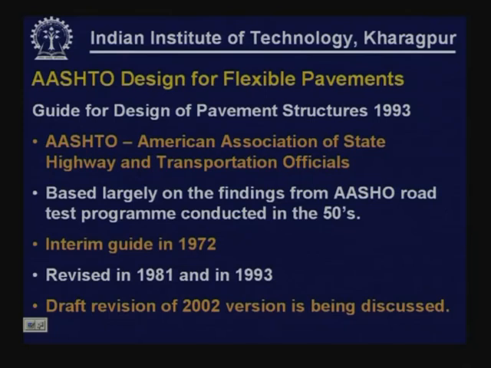This design method has been developed based largely on the findings from the AASHO road test that I have just indicated. The road test program was conducted in the 50s. On the basis of this data, an interim guide was developed in 1972, which was revised in 1981, which was again revised in 1993. The 1993 revision guidelines are what we are going to discuss here.